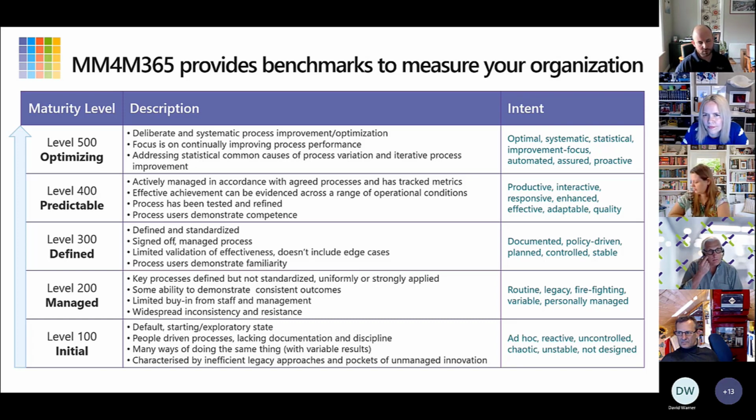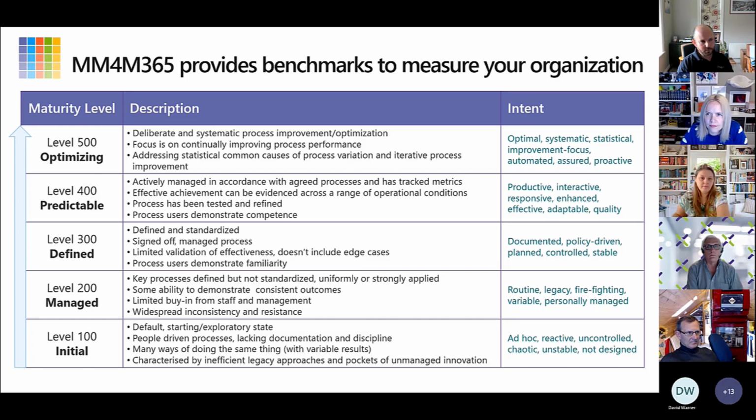We say that level 300 is where organizations should be to have a pretty robust process, service and competency, whereas beyond level 300 we start using quantitative techniques to measure how well we're doing in that competency and how we can make improvements, and level 500 uses those measurements to optimize the way that we deliver our competencies.